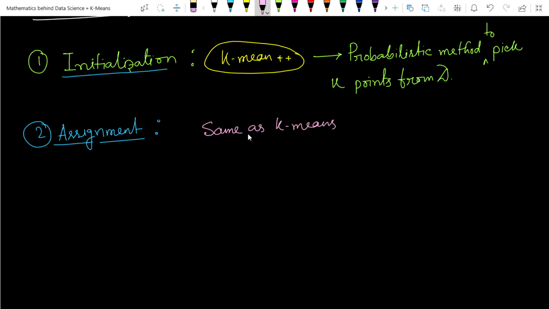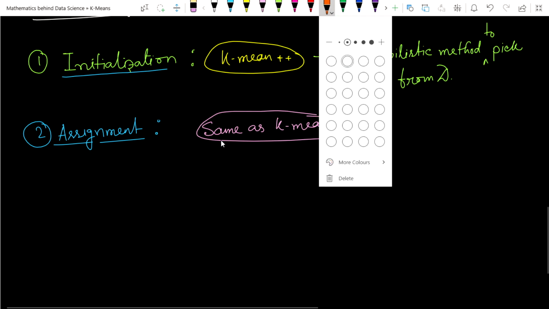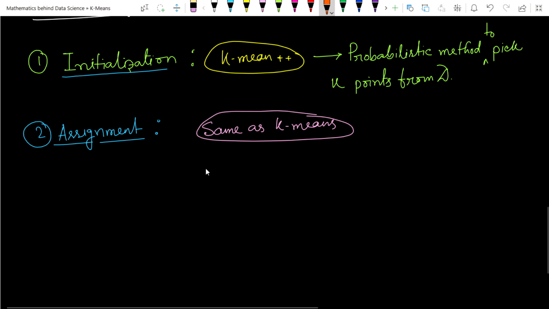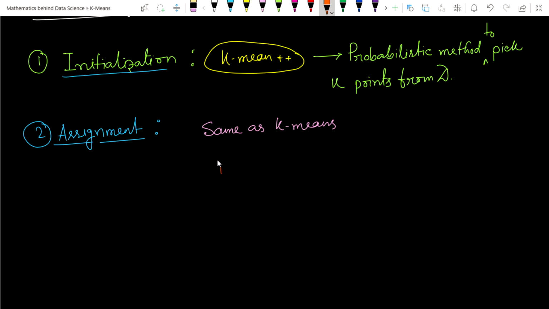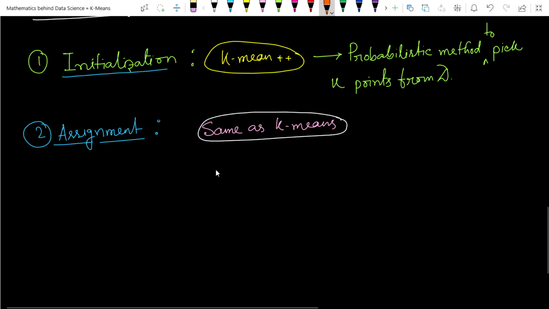To find the closest Medoid, take any point xi.